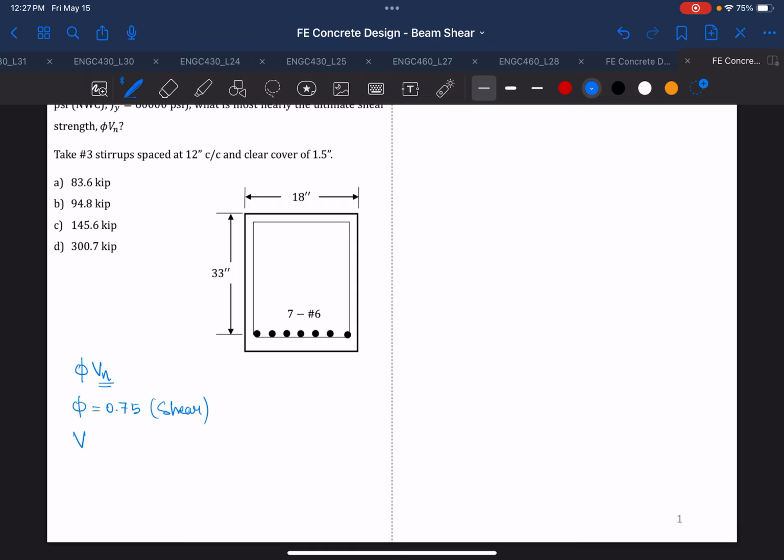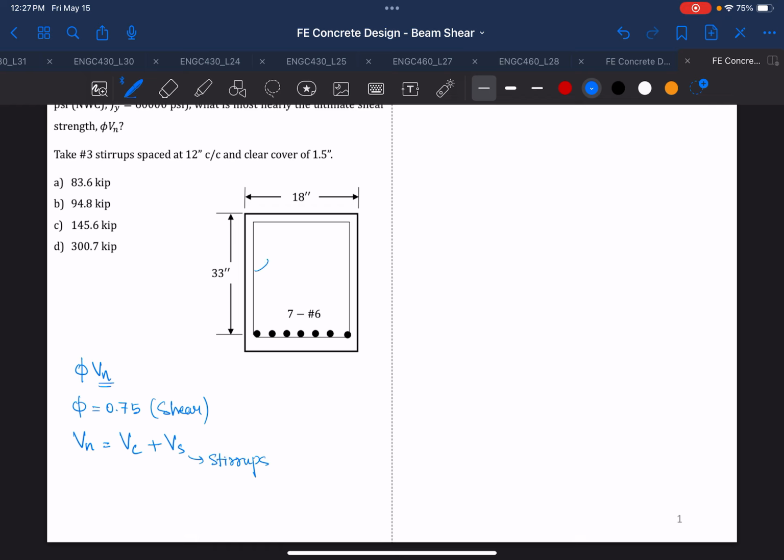And then what is VN? Because this is a reinforced concrete design, steel also will resist the shear. So it is a combination of your concrete, which can provide shear strength on its own, plus Vs, and Vs is from your stirrups.